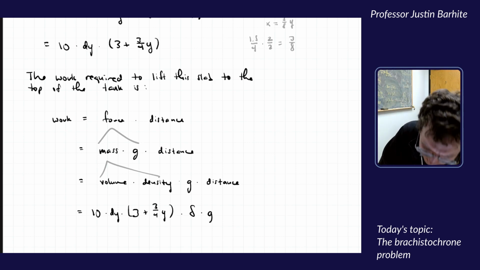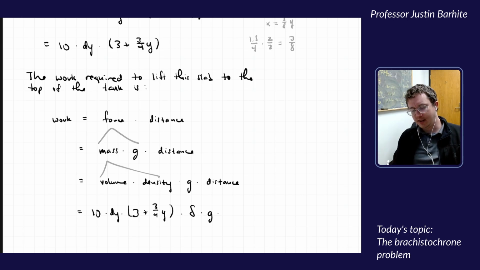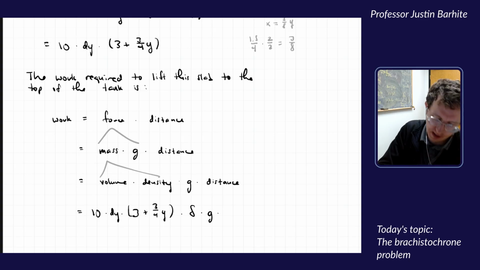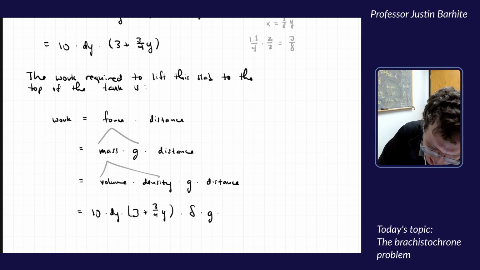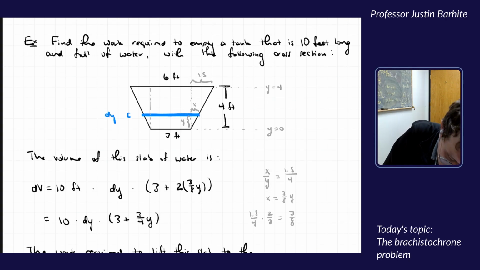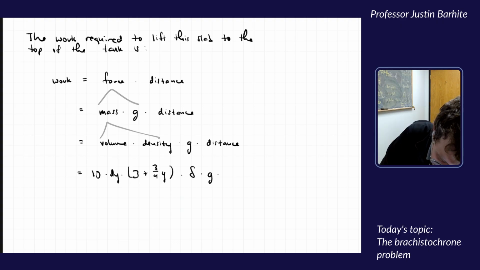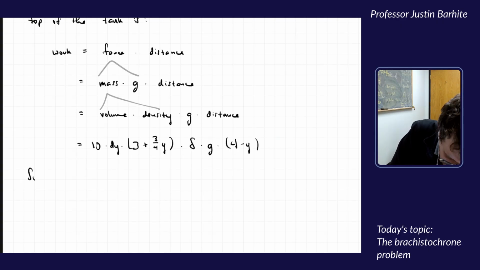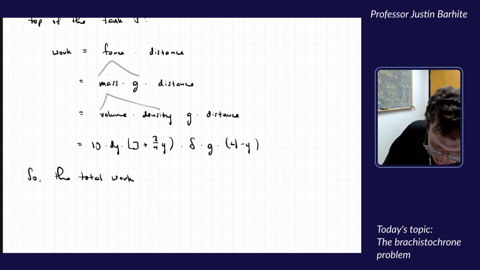G is that gravitational constant, 16 feet per second squared, or 9.8 meters per second squared, depending on what unit you're working with. And then the distance, going from a height of y up to a height of 4 feet, that distance is going to be 4 minus y. So that's the work for this one horizontal slice of the water.